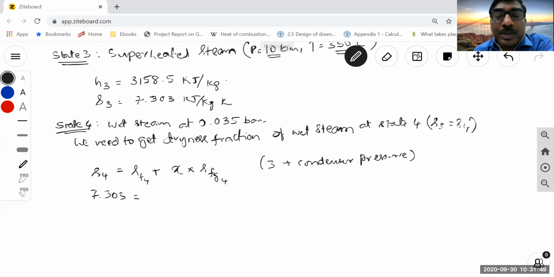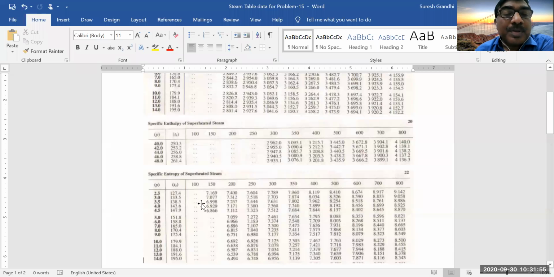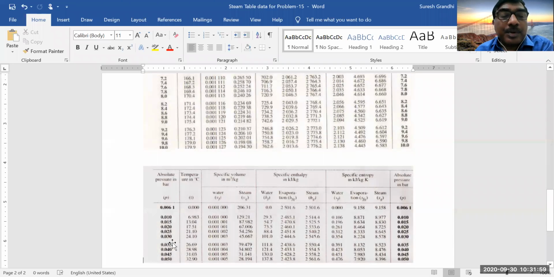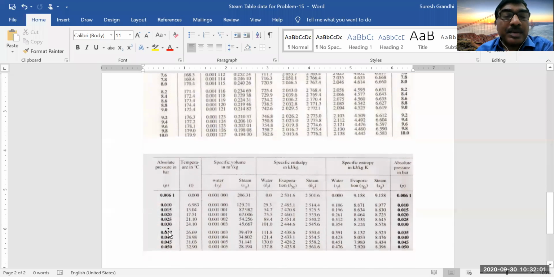So let us go to the tables again. This is the table at 0.035 bar.